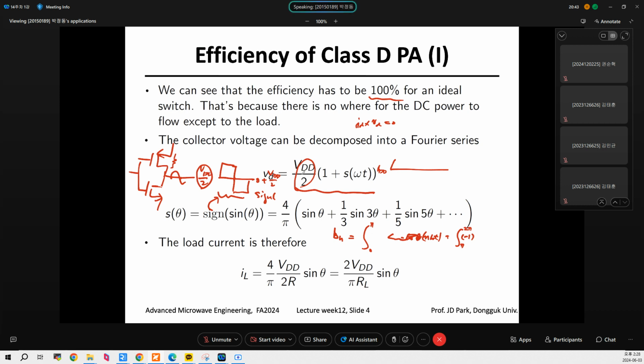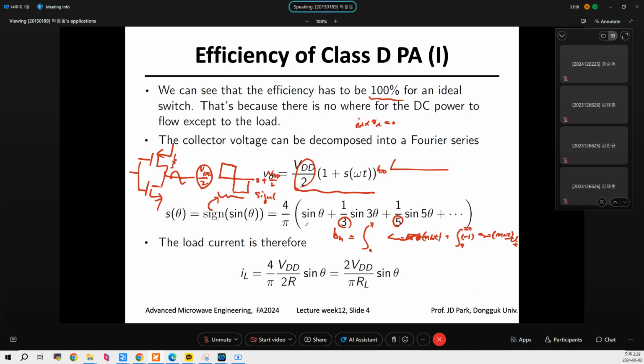Of course, this is VDD over 2, but just consider sine n omega t, and dt. So from this, since this has only odd harmonics, it only has a sine component, and it only has odd components, so it is given by this.